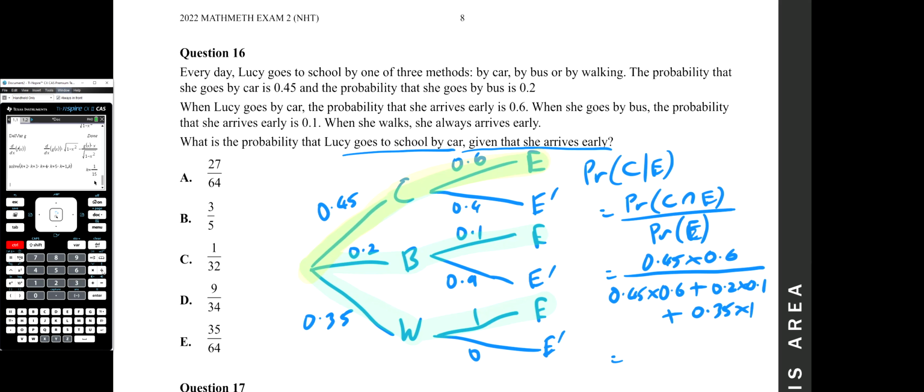So control divide to get the fraction: 0.45 times 0.6 over 0.45 times 0.6 plus 0.2 times 0.1 plus 0.35 times 1. And we end up with an answer of 27 over 64 exactly. And that is option A. So 27 over 64.